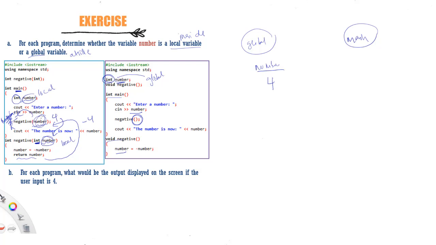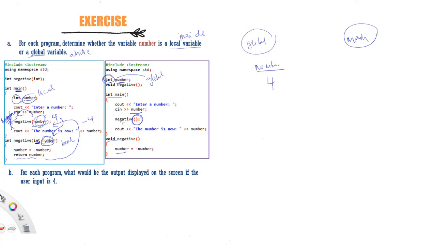If it wants to access it, it needs to be sent the value that is inside. With this program, because the number here is a global variable, all functions can use it. Since everyone can use this variable, there's no need for us to send any value to this function. You get what I mean?